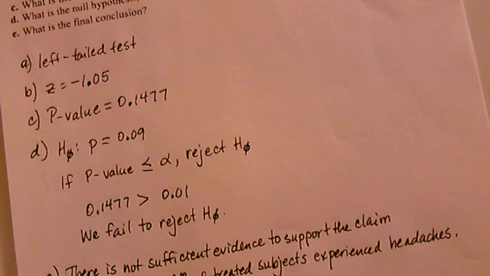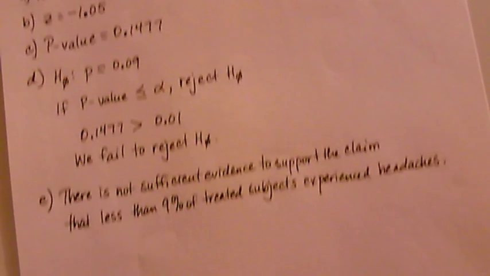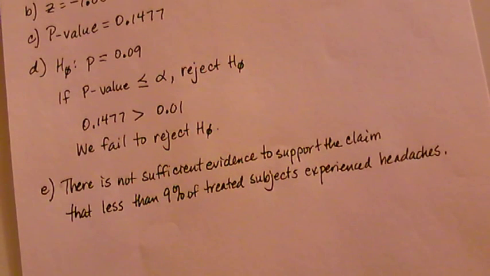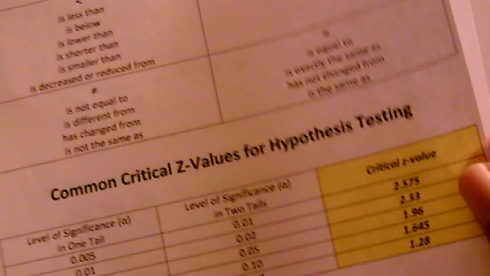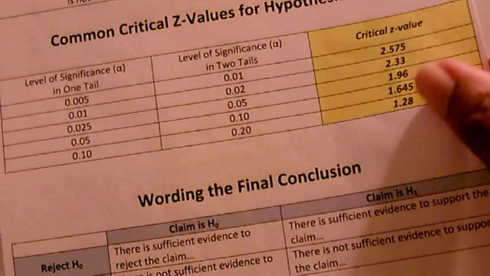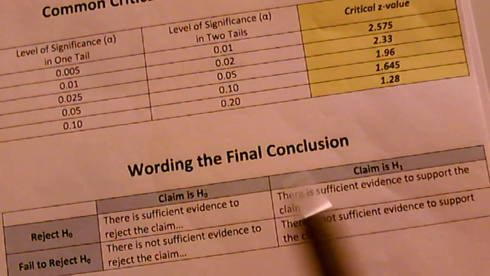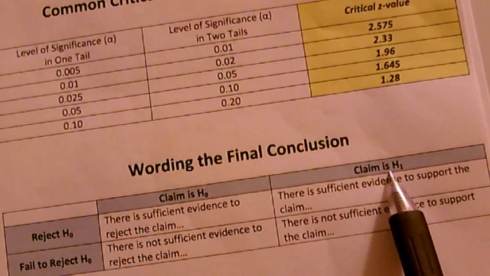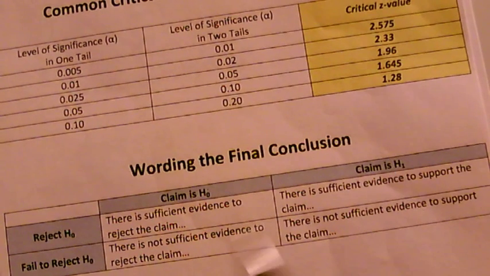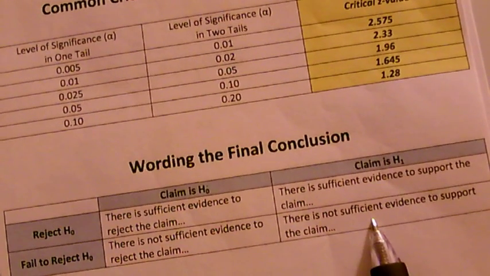our alpha level. So next is the final conclusion, and we have to use simple, non-technical terms. So if you recall this handout of wording the final conclusion, in this case here, the claim was the alternative hypothesis, but we failed to reject the null.